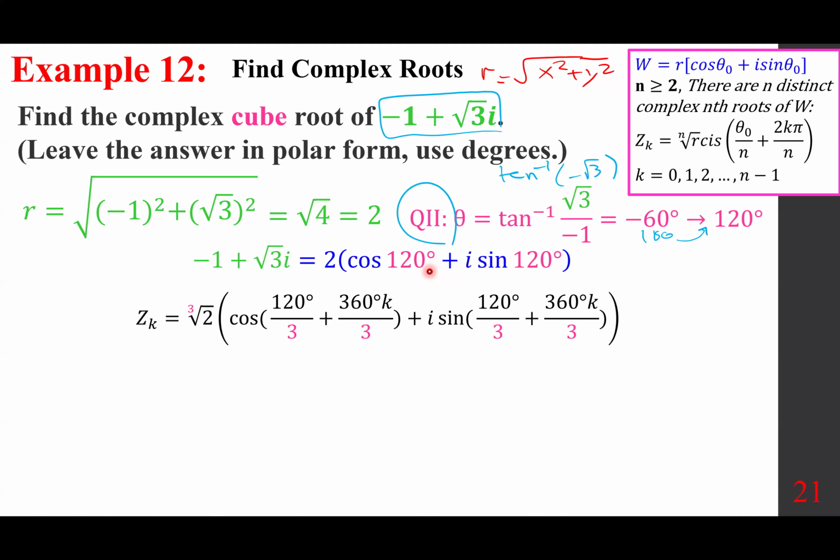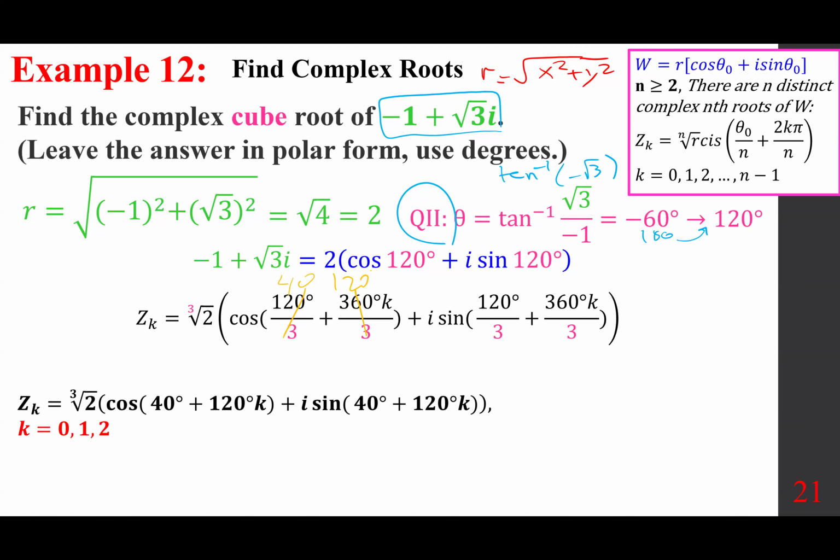So what do we do? Obviously, we're going to divide by 3. We've done this before. This is 40. This is 120. And we can use k equals 0, 1, 2.